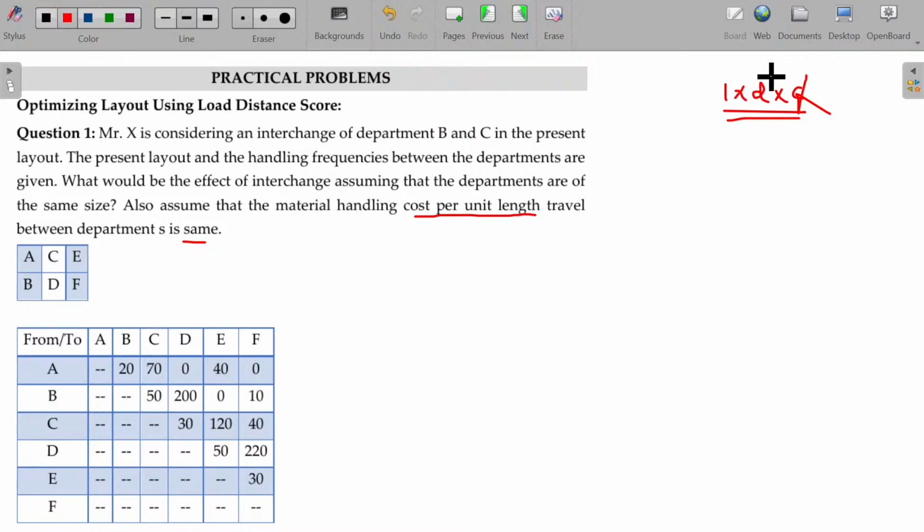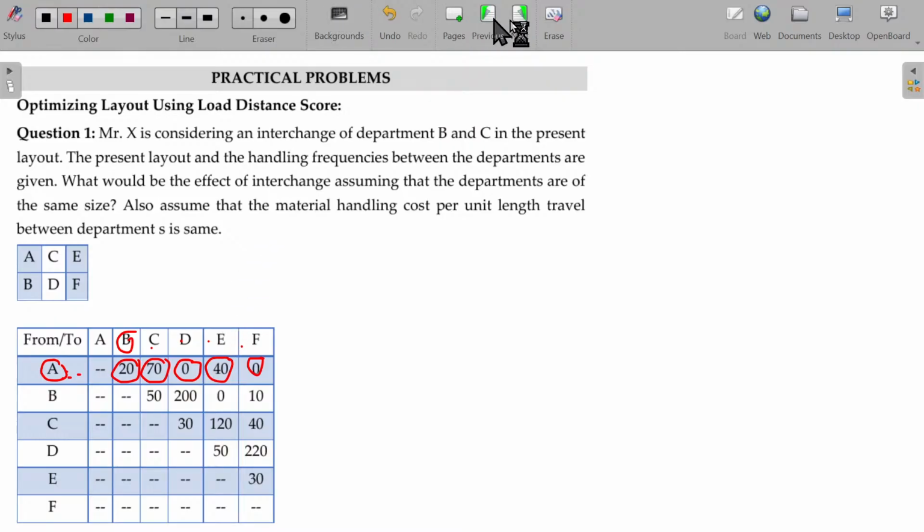If I'm able to reduce the load and distance or load and frequency, naturally that will be an improved solution. Now the frequency between A to B being 20 times, A to C being 70 times, A to D being 0 times, A to E being 40 times, A to F being 0 times.